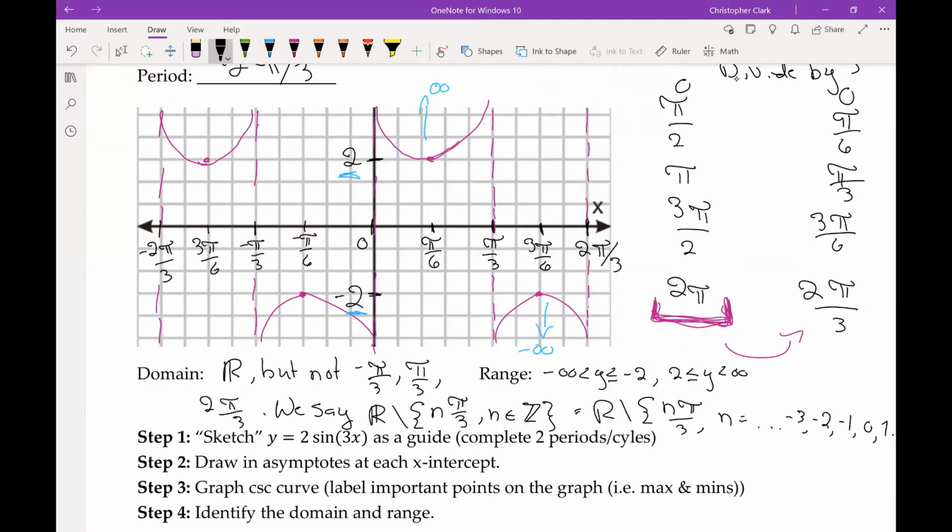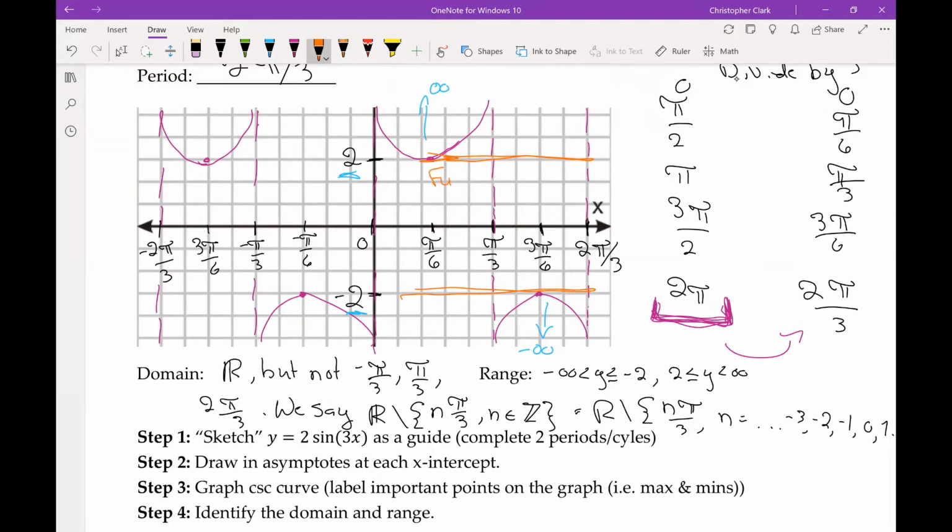So there's this idea that there's a space, right? We'll call this space right here between this piece and this piece where the function just doesn't exist. Where the function can't get to these y's.